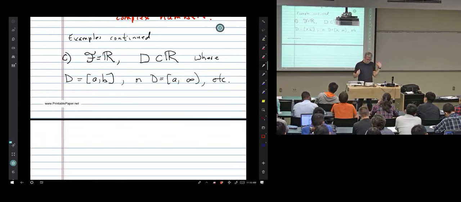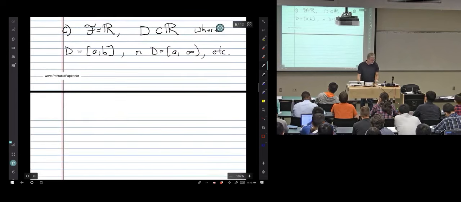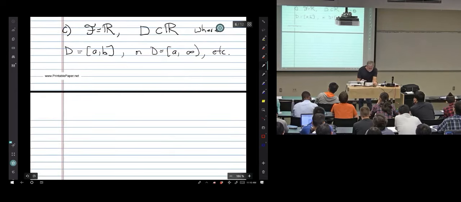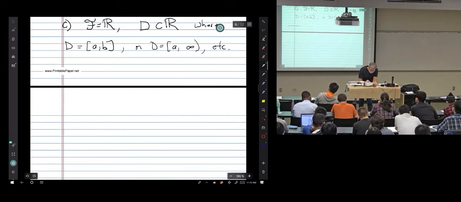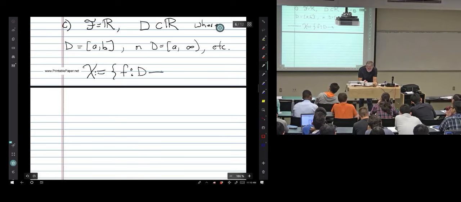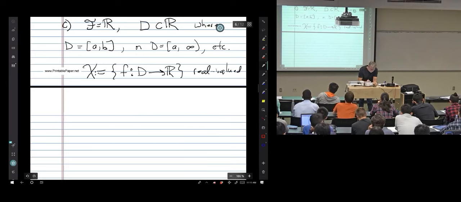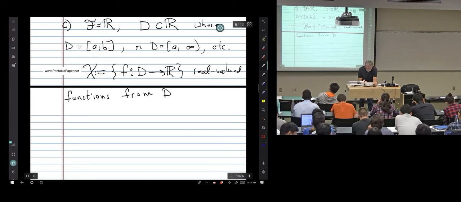It's just a subset of the reals. I don't care. And I'm going to define X and try to turn it into a vector space. It's the set of functions that map D to R. So real valued functions from D to R.